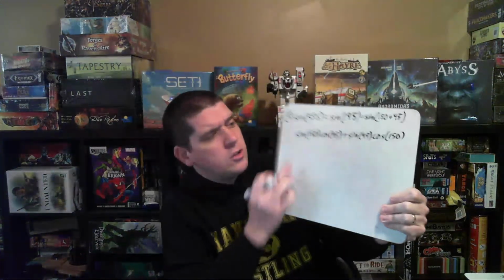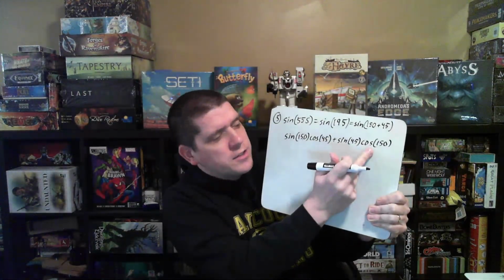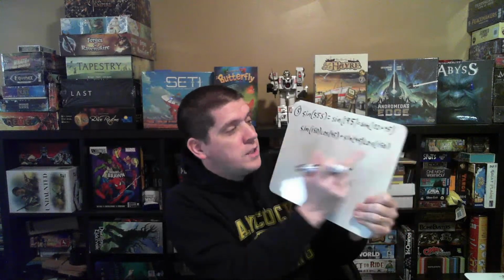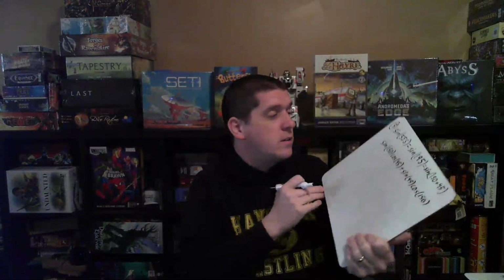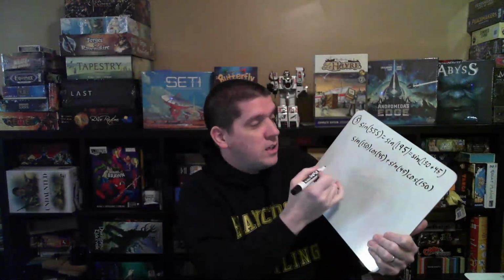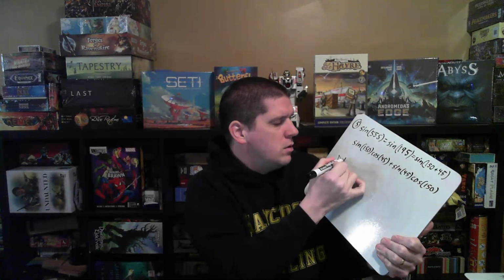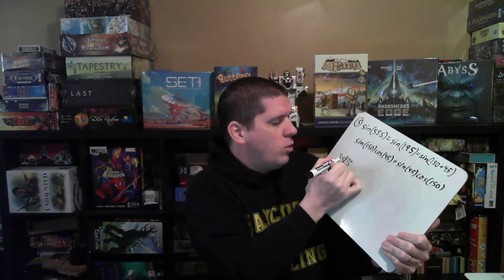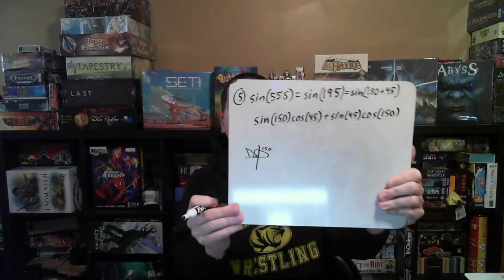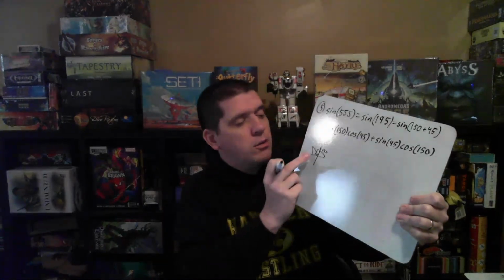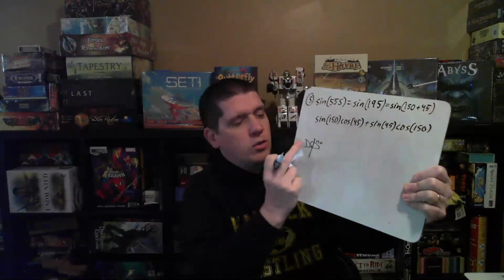Now, to help you out with sine of 150 and cosine of 150, if you need to draw a little picture, go, oh, we're in the second quadrant, think about your reference angle, all that, definitely do that. Okay, so if I'm thinking about that, hopefully you see, yeah, 150 would be here. And if that's 150, hey, my reference angle is 30. So I'm just thinking about a 30, 60, 90 triangle in the second quadrant. That's all I'm really doing here.